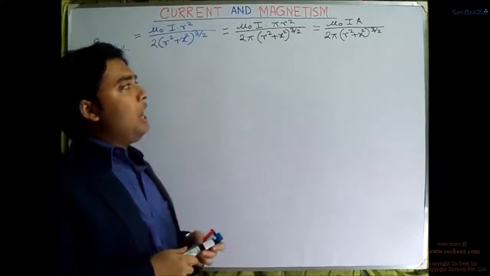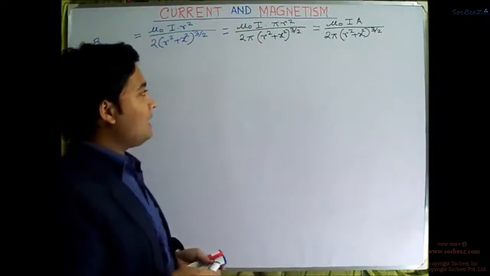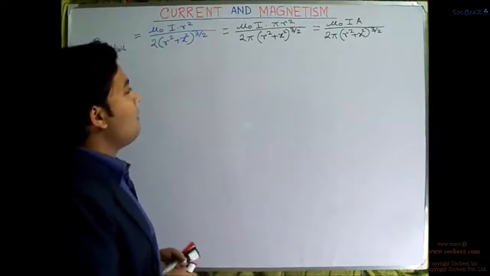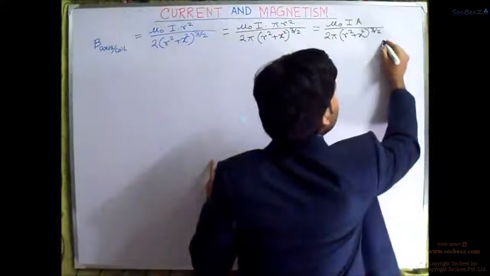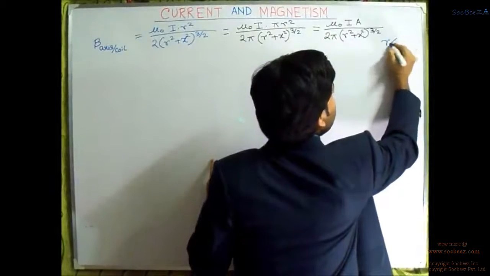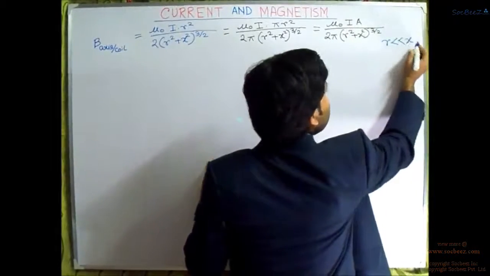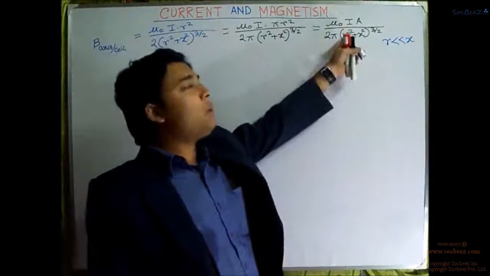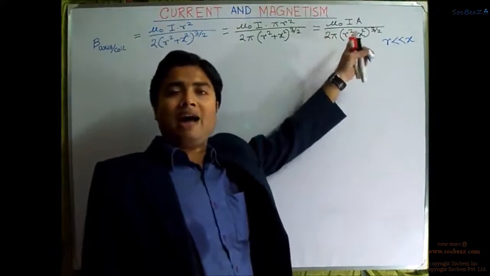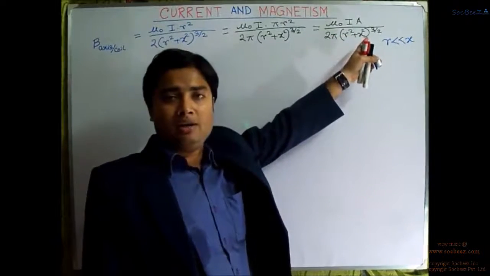Now if we take r to be very much less than x, then this r square can be ignored in comparison to x square.